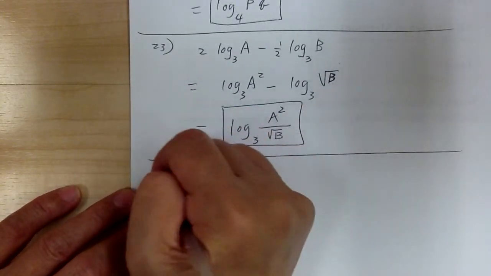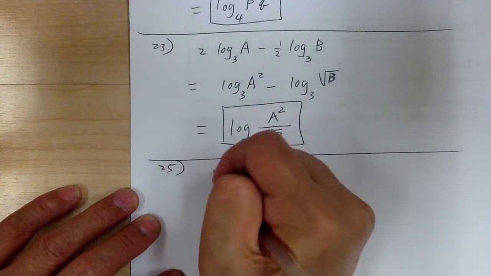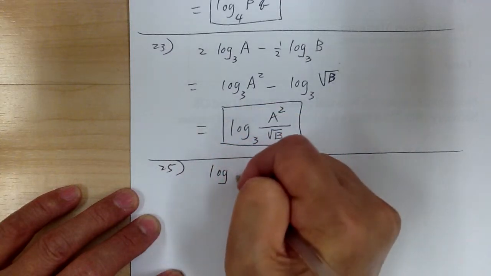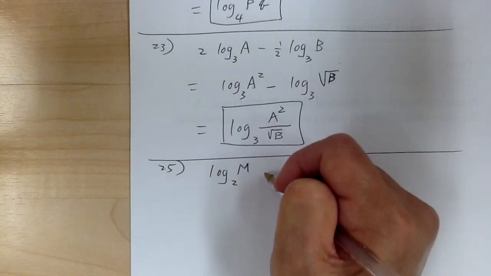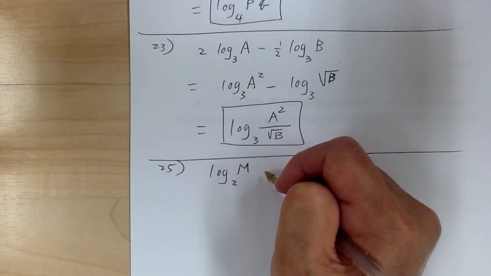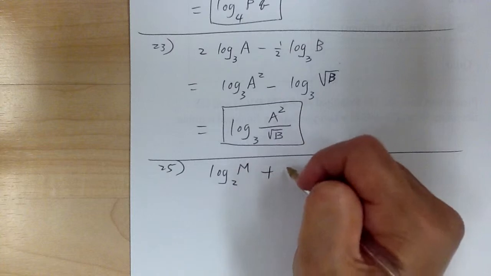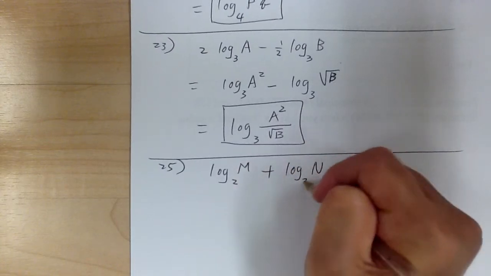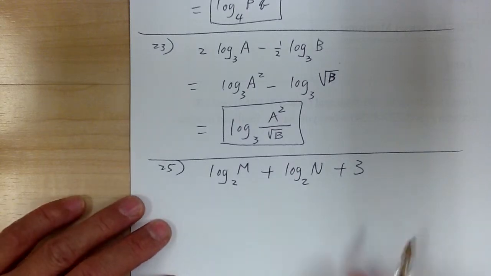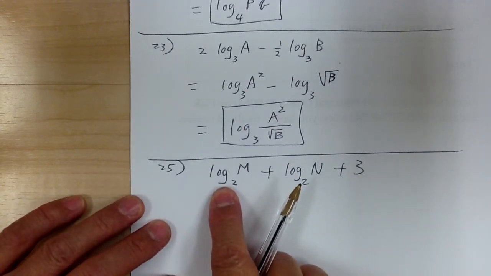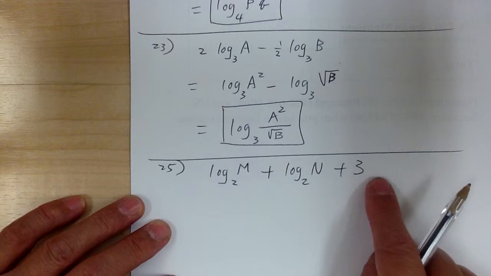Okay, let's go to number 25. Okay, you got log m base 2 plus log n base 2 plus 3. Now notice there's a log base 2, log base 2, but you don't have anything over here.